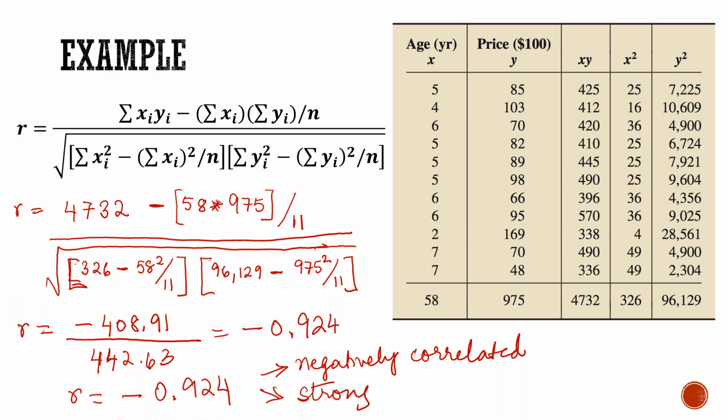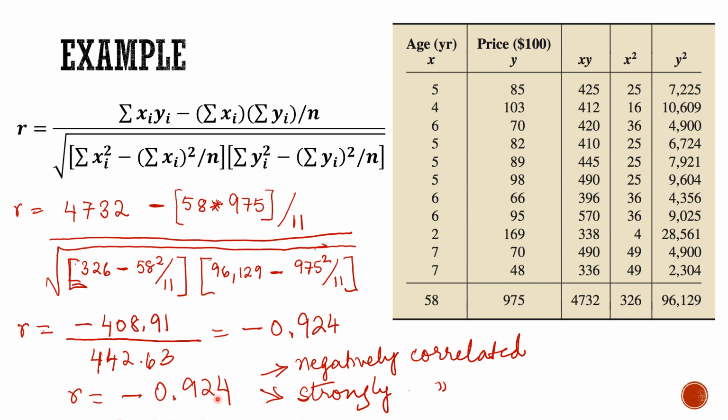Remember, the correlation coefficient tells us the strength and the direction of the correlation. How do we know it's strong? Because this value is closer to negative 1.